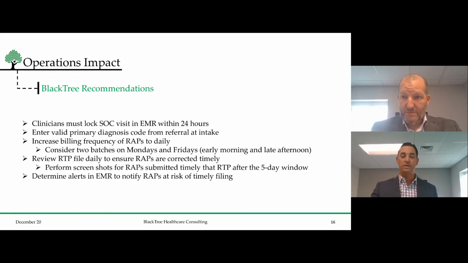How do you really understand what's going on within your EMR? You can be doing everything right and understand all the rules, but if your EMR is not functioning the way you expect it to in accordance with the rules, or you don't understand how the EMR is functioning, obviously that can create some problems. And finally, how do you track all this?